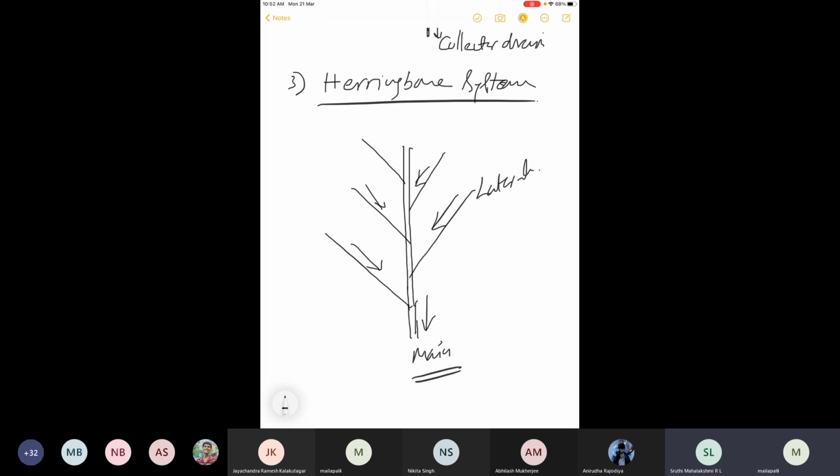So this pattern is often combined with others to drain small or irregular areas. This is basically to provide extra drainage, if you need some extra drainage. This herringbone system would be used under less permeable soils. So this particular pattern will help to drain faster in less permeable soils.